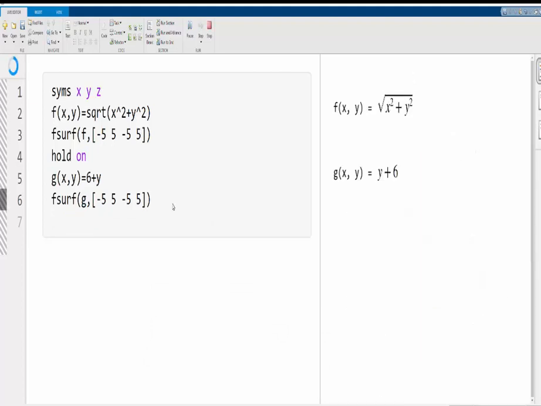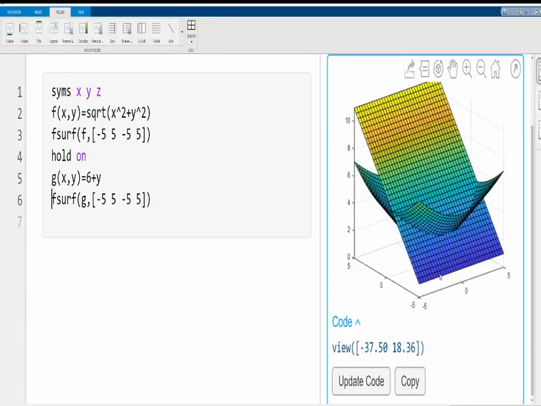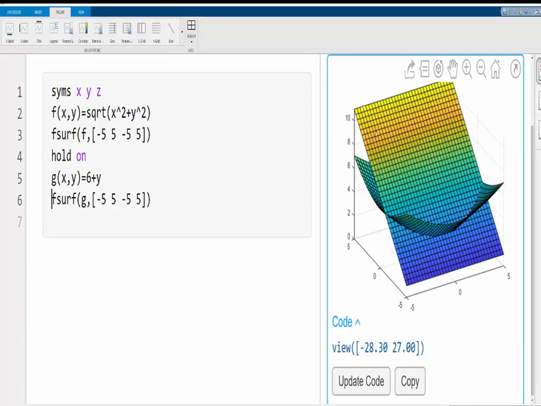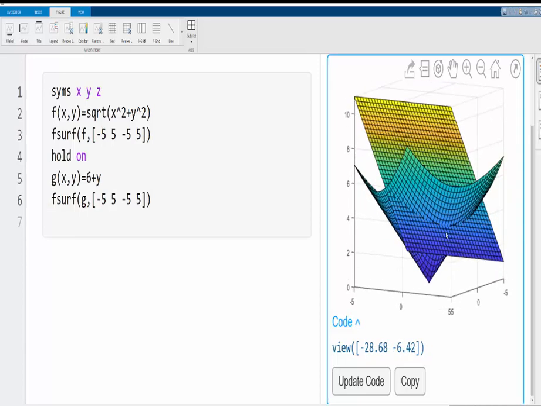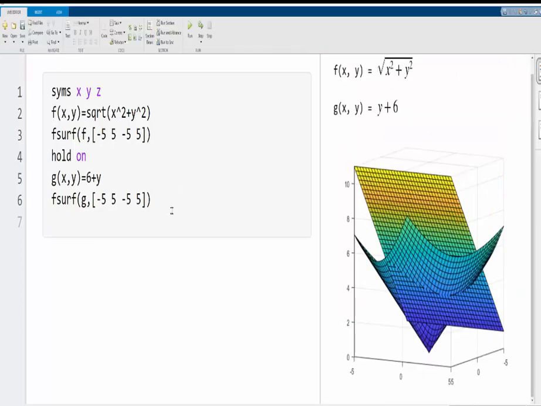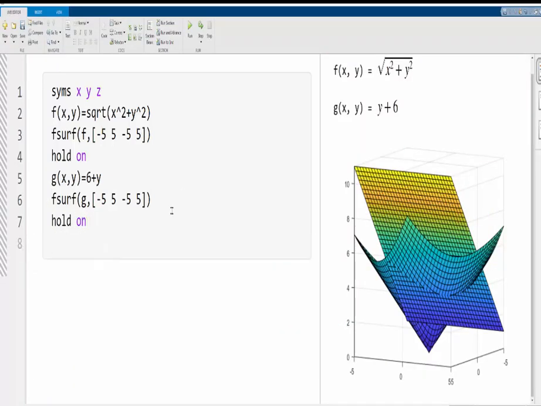So let's see what it does. It's taking a little longer. All right, so here we go. Do we have the curve of intersection visible? Yes, we do.